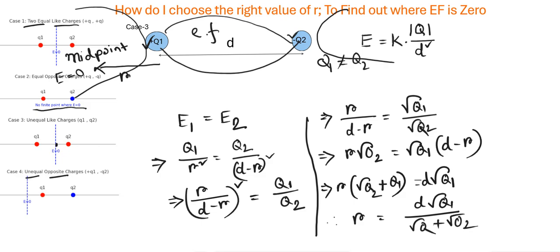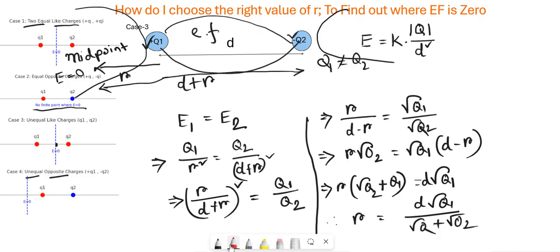In that case, obviously E1 equals E2, and for Q2 the total distance will be this one, so this will be D plus R. By the condition where electric field is 0, E1 equals E2. So for E1, Q1 by R square, and Q2 divided by D plus R whole square. Obviously this one will be positive.